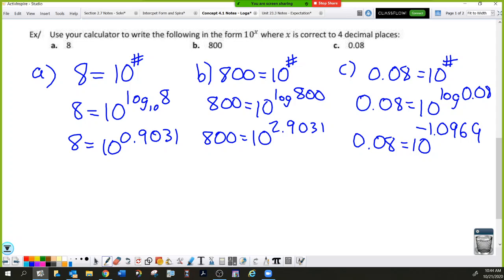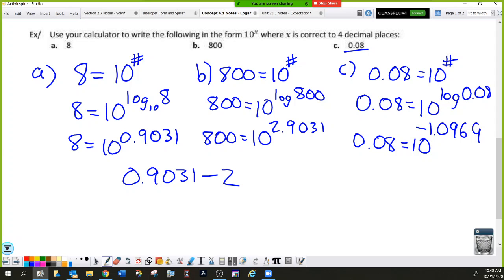Because notice that this number is 8 times 1 over 100. So what it did was it took 0.9031 and it subtracted, because 10 raised to the -2. That's why.